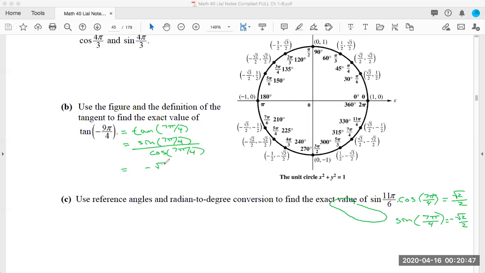So that's negative root 2 over 2 divided by root 2 over 2, which is negative 1. All right, there we go. And we are done with classroom examples from 3.3. So in the next video, I will cover the last problem from your quiz, which will be in section 3.4. It will involve linear and angular speed.